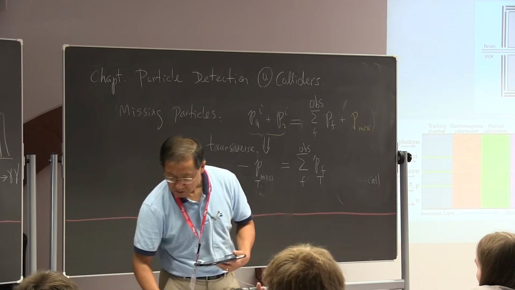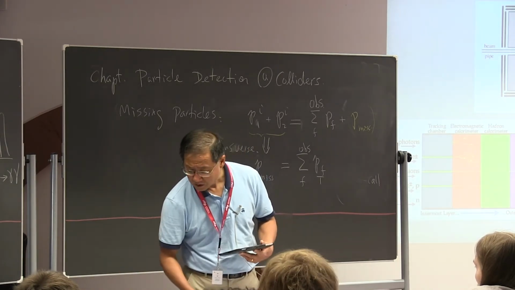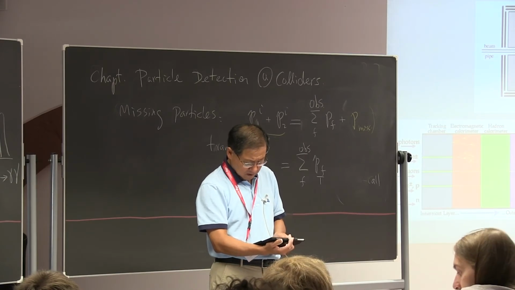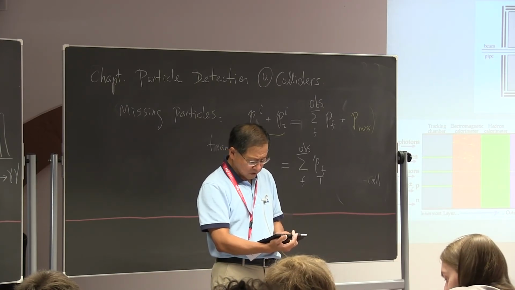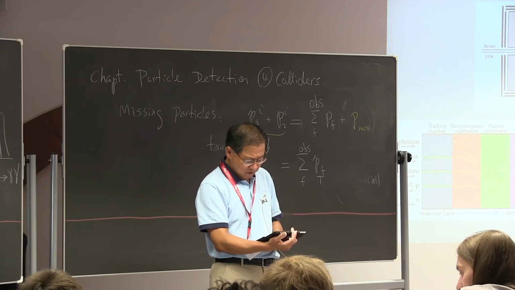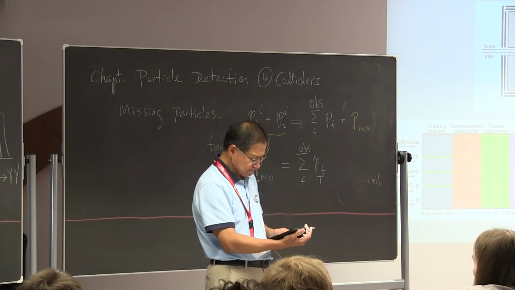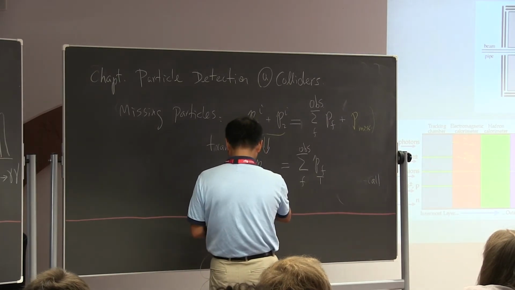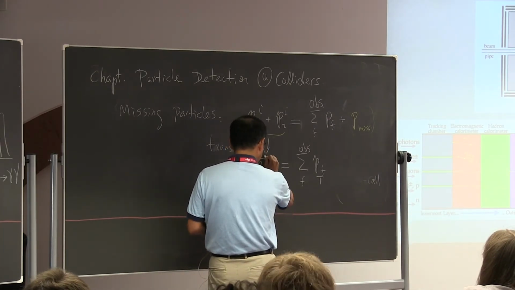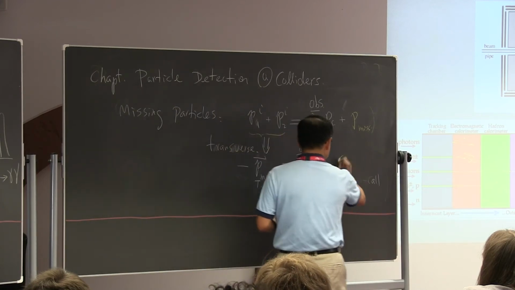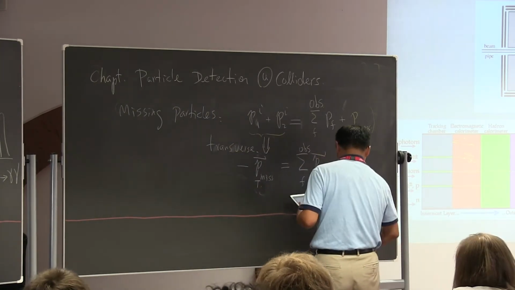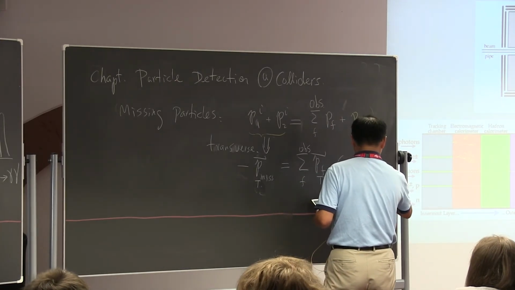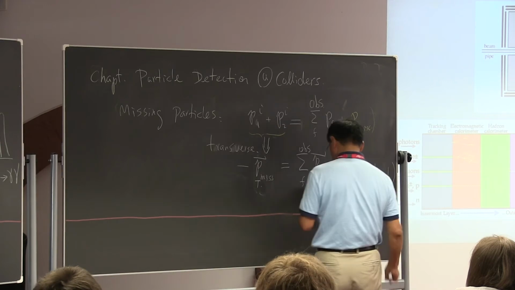Okay, one more comment. So here is the missing momentum. Let's write this in the transverse sense. If I write it in the vector sense, I mean both the x and y directions.